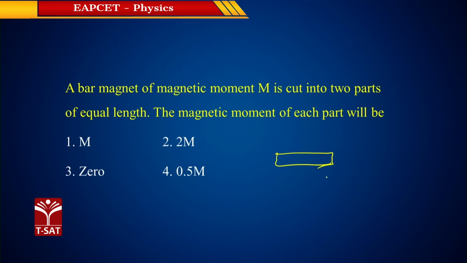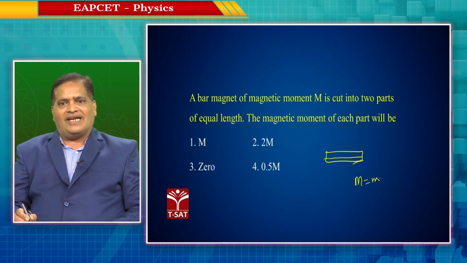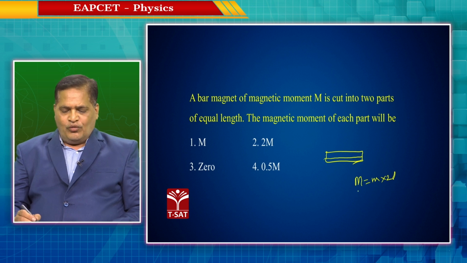Okay, this is a Bohr magnet into two parts, ఇలా 2 parts cut చేశారు. The magnetic moment each part will be, generally what is the magnetic moment? Capital M is equal to small m into 2L. Okay, magnetic moment capital M is equal to small m into 2L.